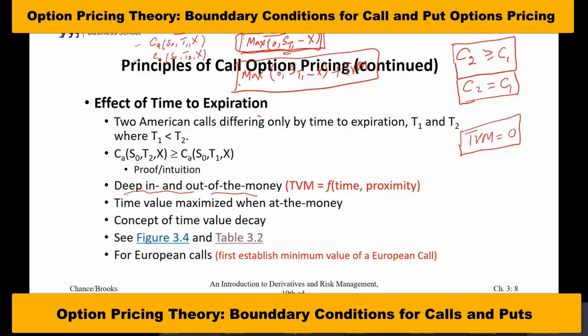So if an option is deep in the money, we know the buyer of the call has value. For example, if ST1 here is equal to 500 and X is equal to 100, so we know that ST is quite high compared to X, and in such a case there is very little chance of the stock price dropping over the next 1 month or 3 months to below a level of 100.